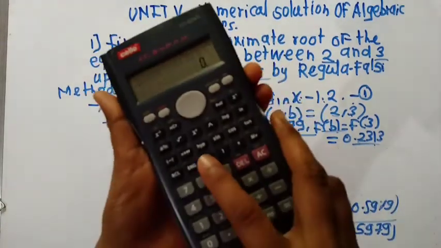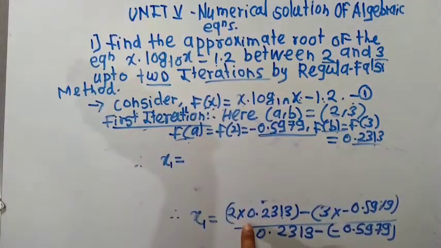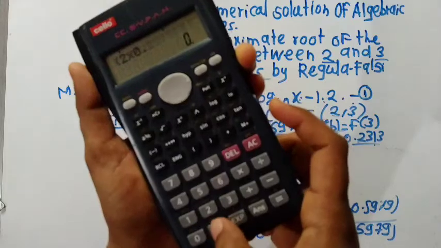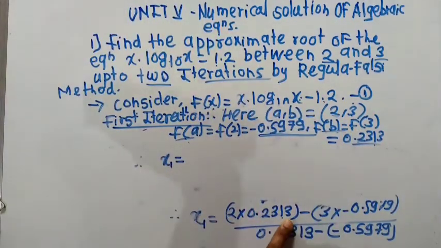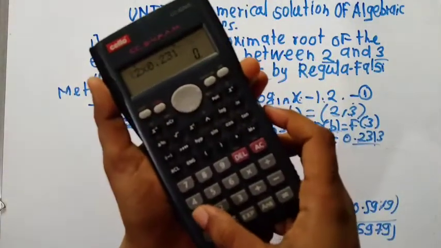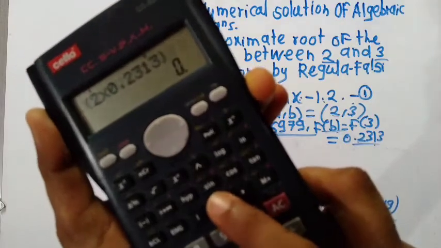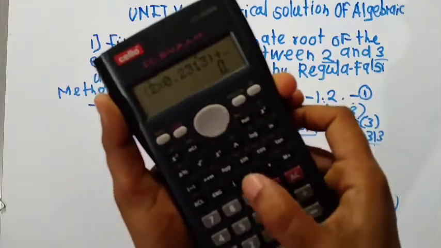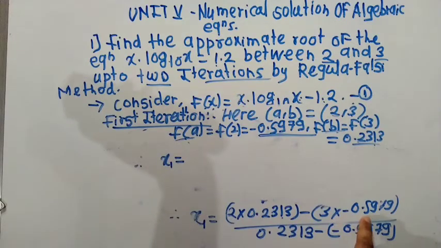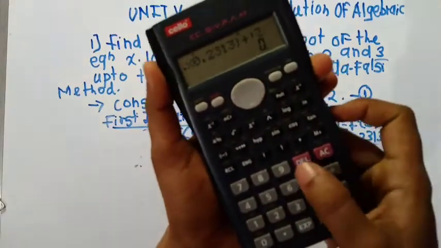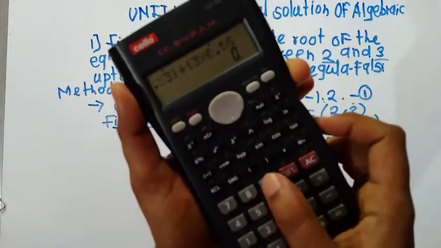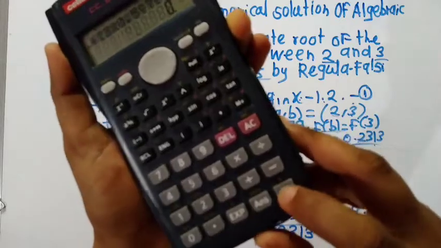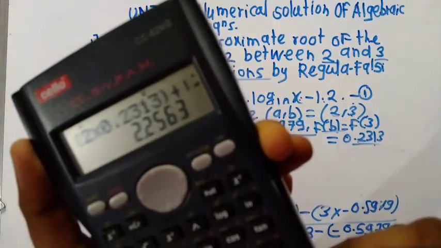Here we use bracket 2 into 0.2313, then bracket complete, minus and minus becomes plus, so plus bracket 3 into 0.5979 and bracket complete, which is equal to 2.2563.